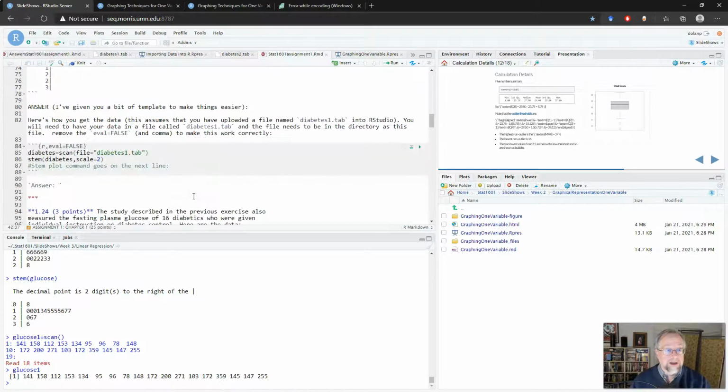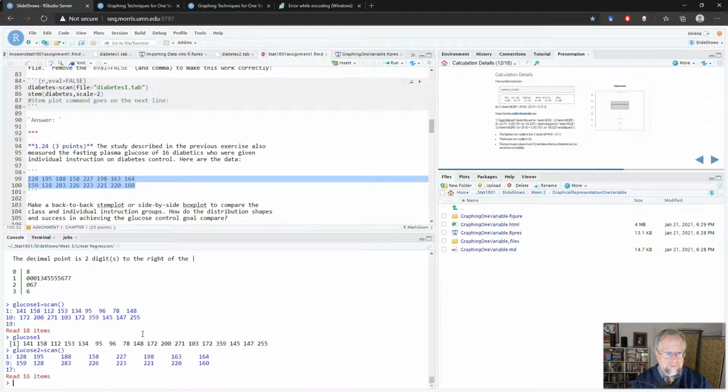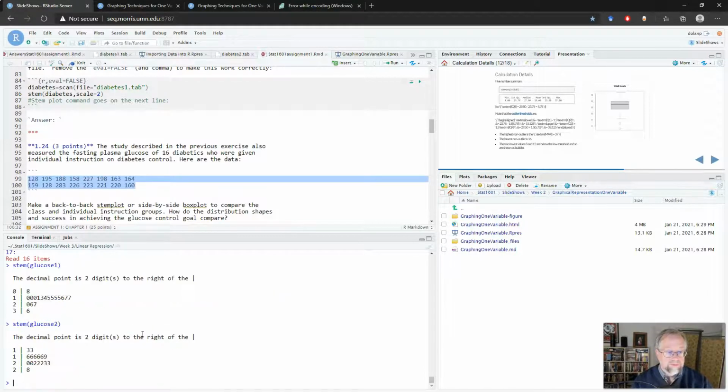And then I can take the values for glucose2, copy and paste them in. I can do a stem plot of glucose1. I can do a stem plot of glucose2. And you can already see some differences. The stems go from 0 to 3 on the first set, from 1 to 2 on the second set.